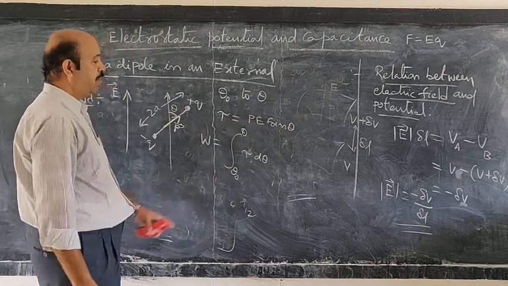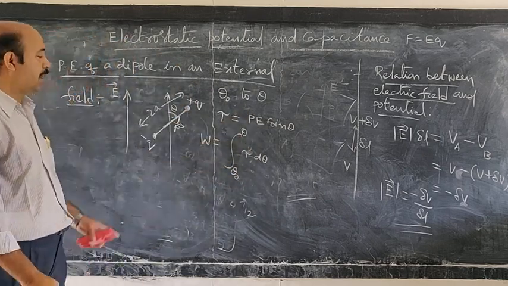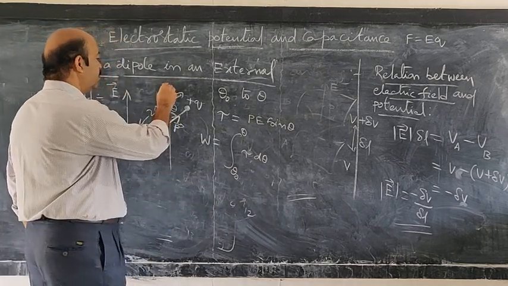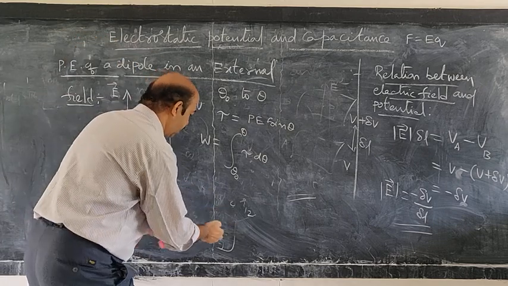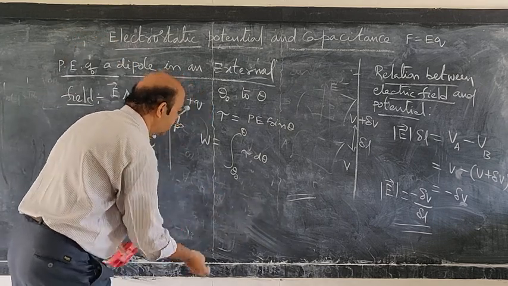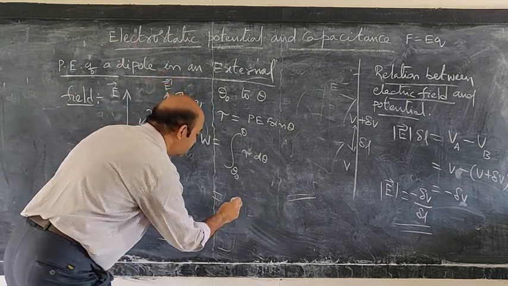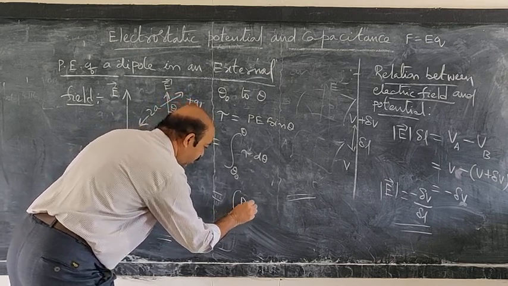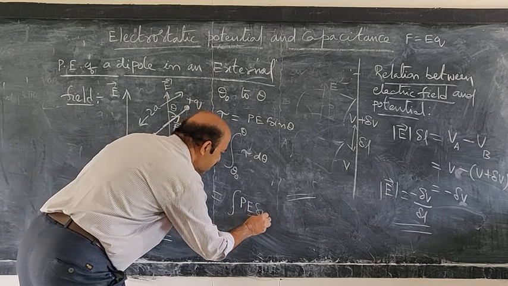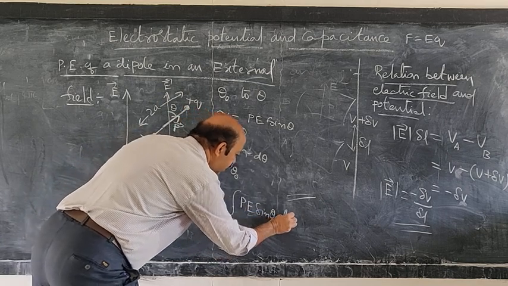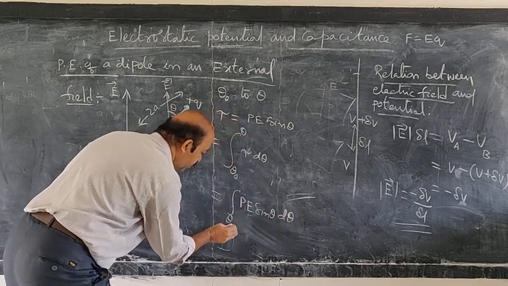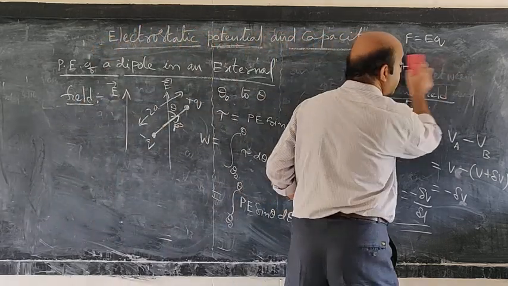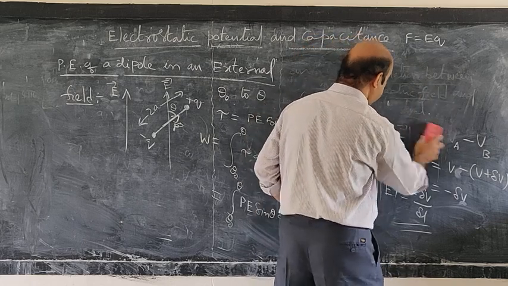But we already derived the formula for the torque acting on a dipole, so this can be written as the integral of PE sin theta d theta from theta naught to theta. And you know, the integral of sin theta is minus cos theta.